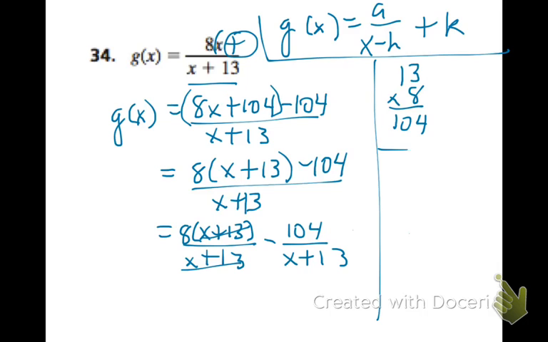So now I'll divide out my x plus 13s and then write my final function. The term on the right I'm going to list first, so it'll be negative 104 over x plus 13, and then plus 8.